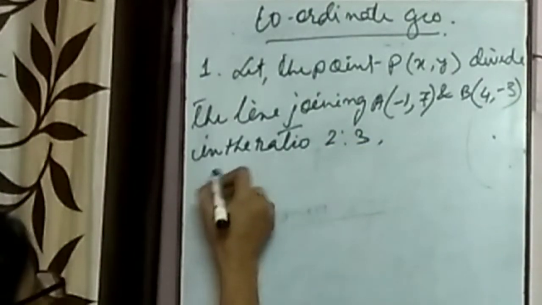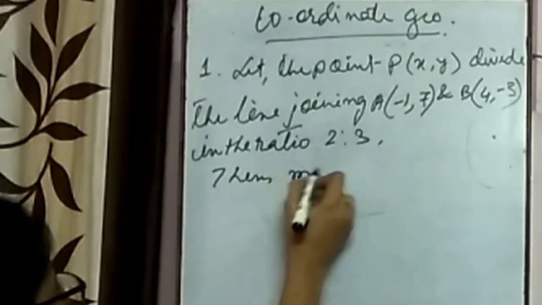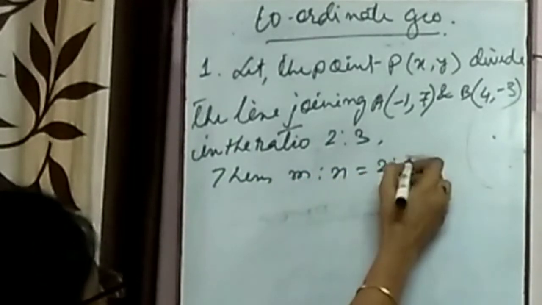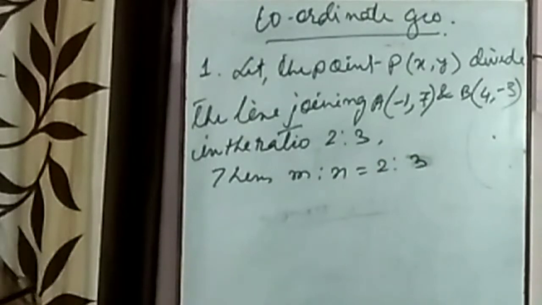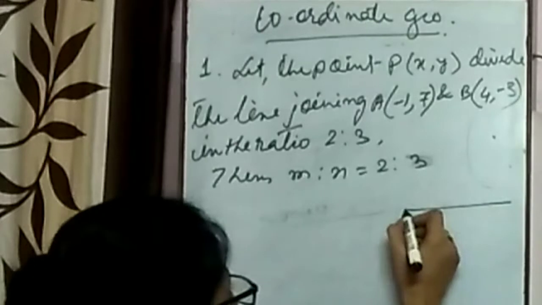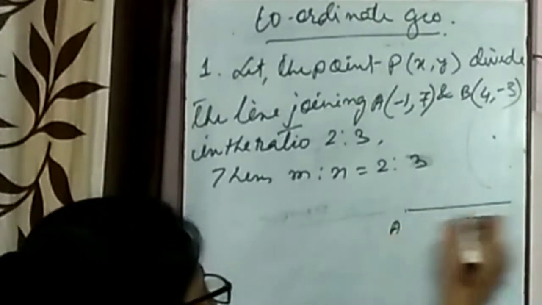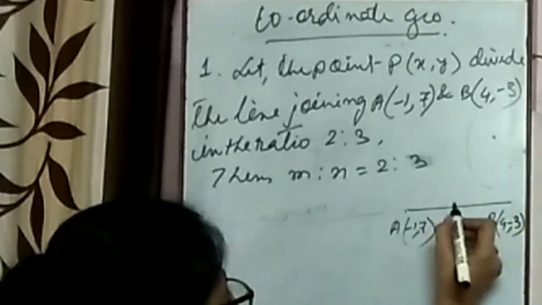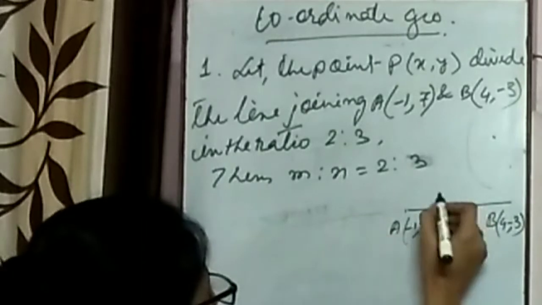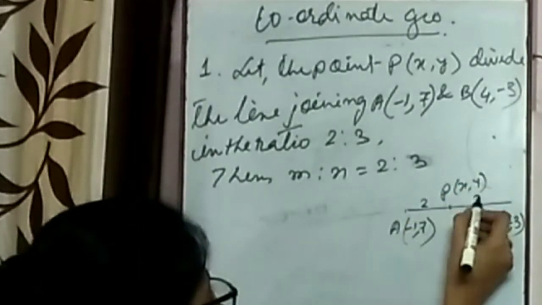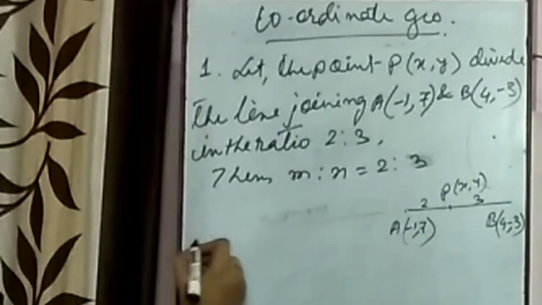Then m is to n is equal to 2 is to 3. So it would be like this. Here is point A (-1, 7) and this is point B (4, -3). Here somewhere is the point P, and this part is 2, this is 3.